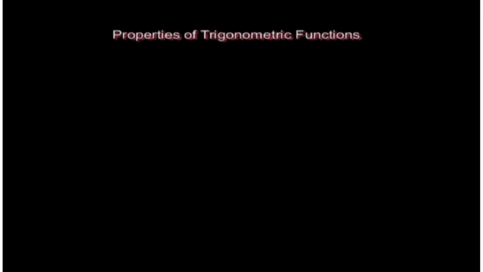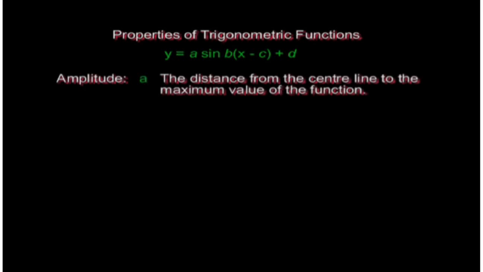Before we look at that example, let's review some of the properties of trig functions, and you can make sure you have these notes in your journal. So if we consider y equals a sine of b times x minus c plus d, then the amplitude will be a. That's the distance from the center line to the maximum value of the function.